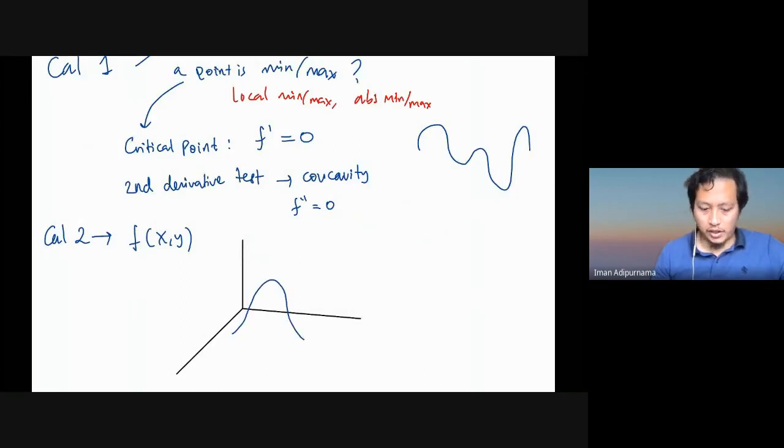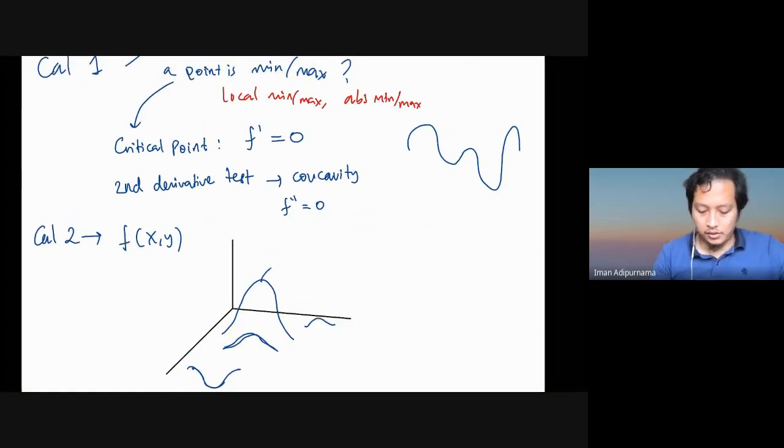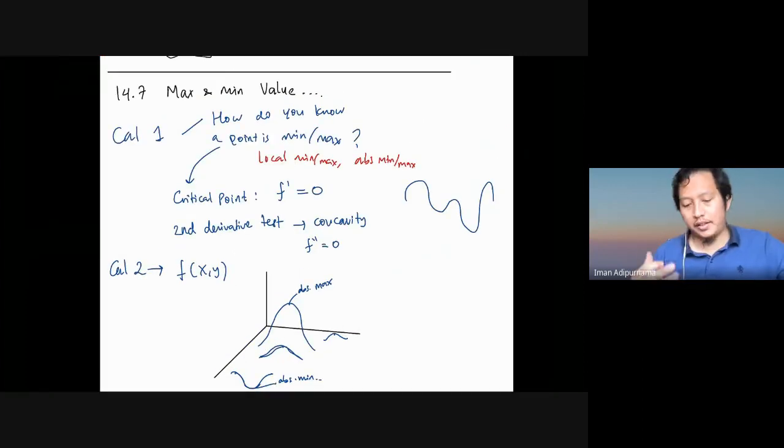So you may have a surface like this, going down like that, and you need to be able to tell which one is maximum and which one is minimum. For example here, imagine if this is the highest one, this will be the absolute maximum. The other one will be a local max, and this will be the absolute minimum, right? Okay, I think I will stop here.